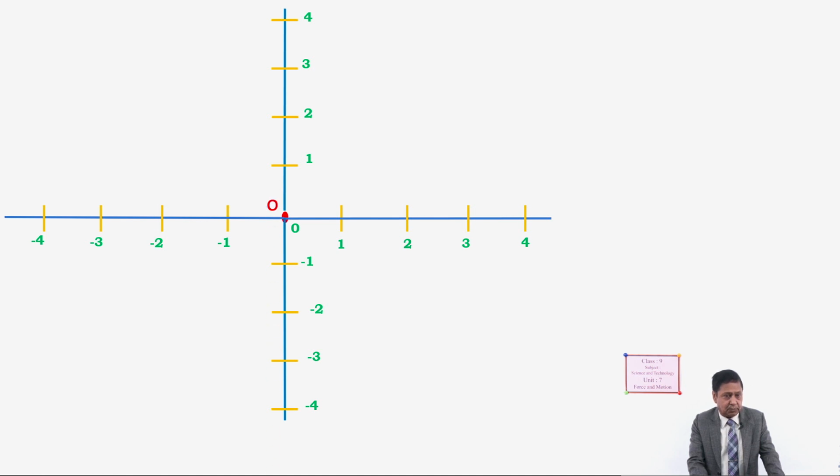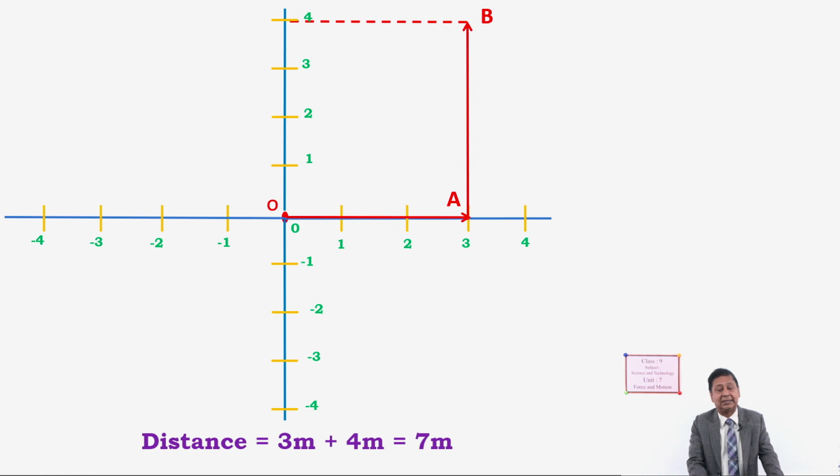Let's say this is point O and a body starts to move from O towards the right hand side, and when it reaches mark 3, it has covered 3 meter distance when it reaches point A. Now after reaching point A, if it moves upward like this and reaches point B, then it covers 4 meter distance. Total length of the path covered by this body is 3 meter plus 4 meter, that is 7 meter. Distance is 7 meter.